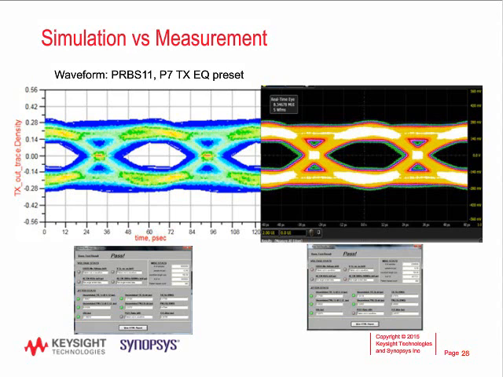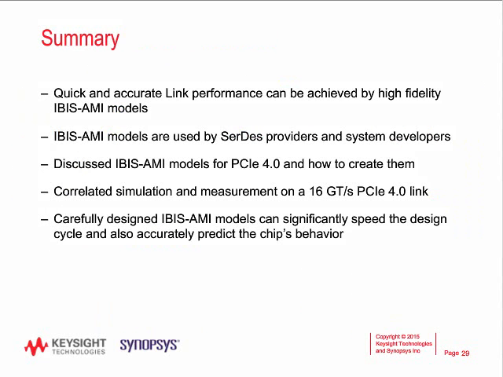Now, we're going to do a quick recap of the topics that were discussed in today's webinar. We first showed that we can develop a high-fidelity IBIS-AMI model that can be used for quick and accurate link simulations. We use these IBIS-AMI models for our PCIe 4 transceivers because IBIS-AMI models are widely used by SerDes vendors and by system developers.